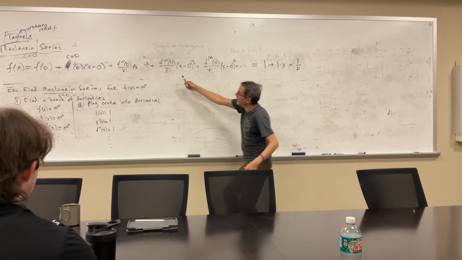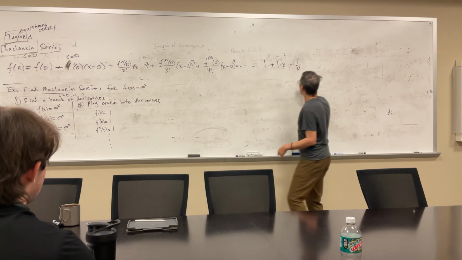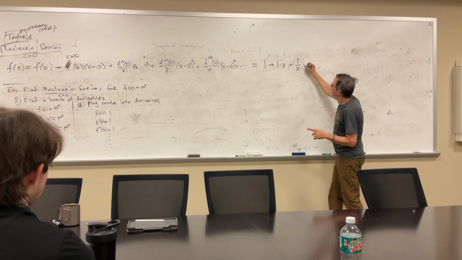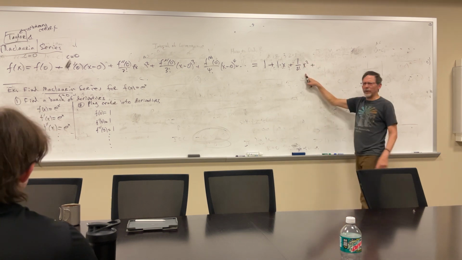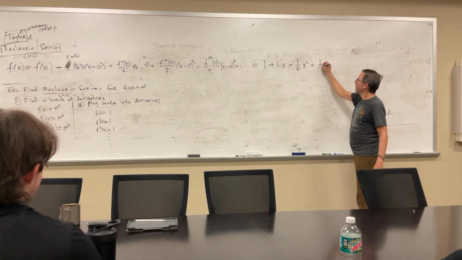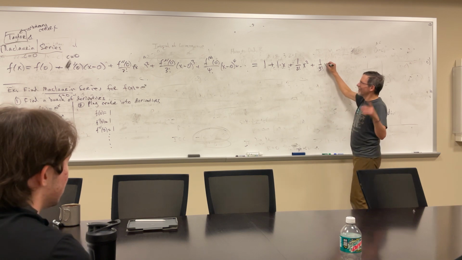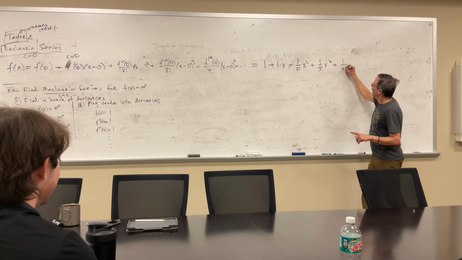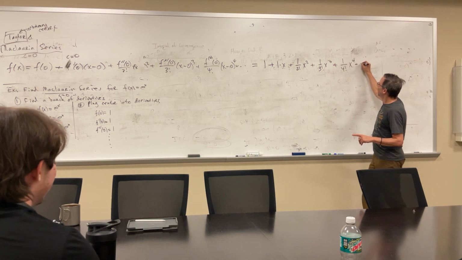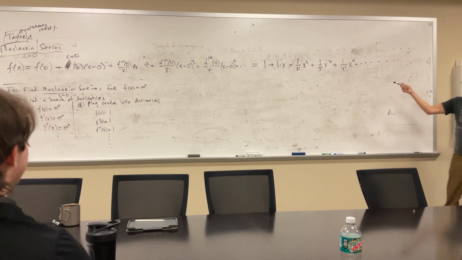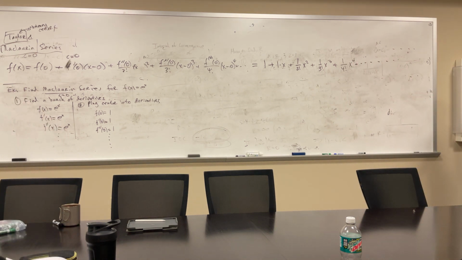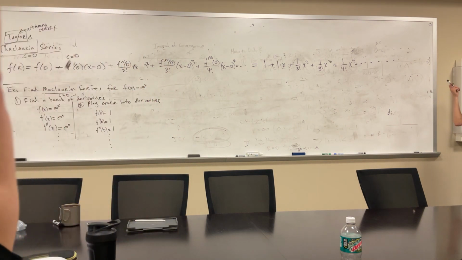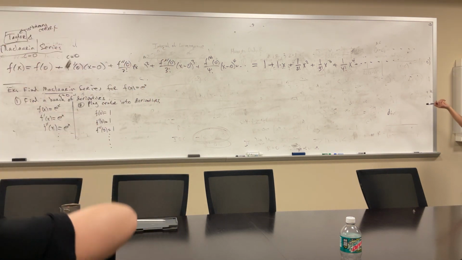I've got to include these. So it's just 1 over all of the factorials. What's the next term? 1 over 3 factorial, and then x to the 3, the exclamation point business, exactly. This is e to the x. This is the Maclaurin series for e to the x.